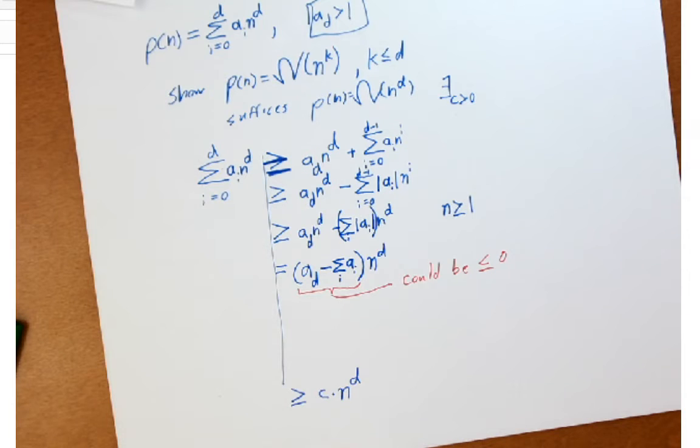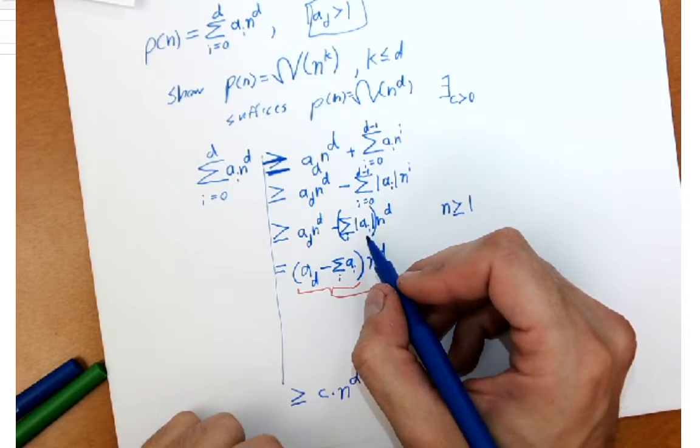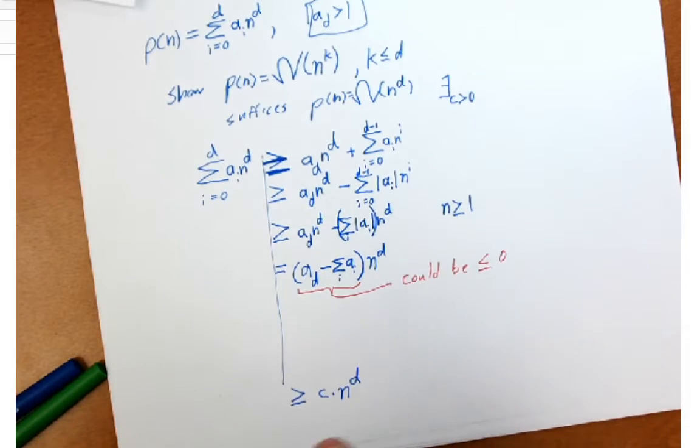all the way over here, I think what we can do is we can kind of pick a value for n naught.